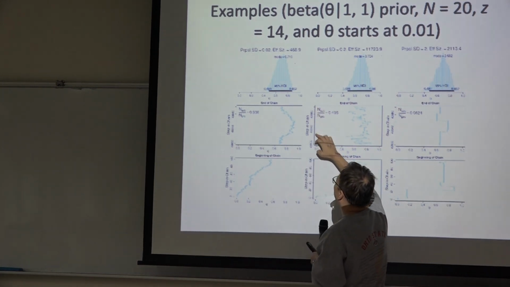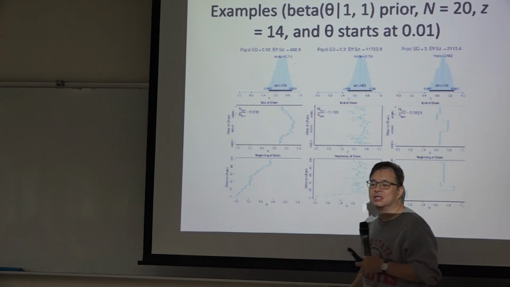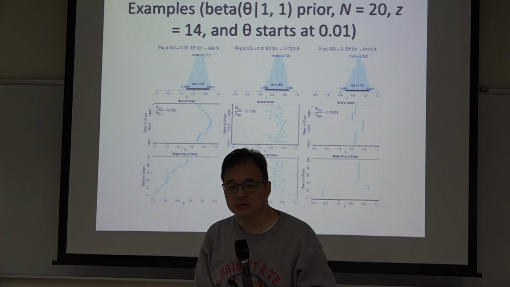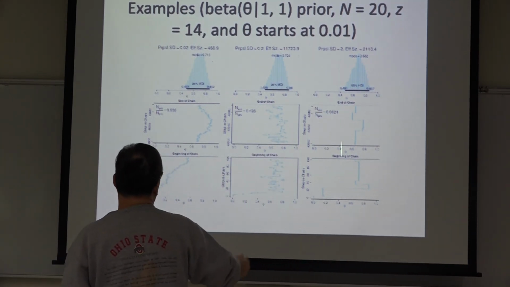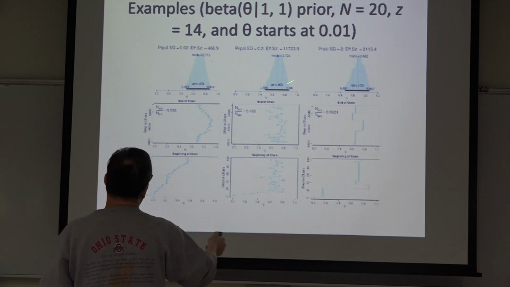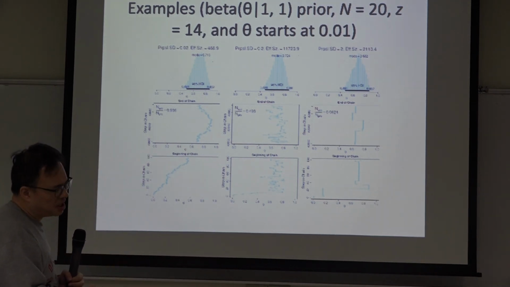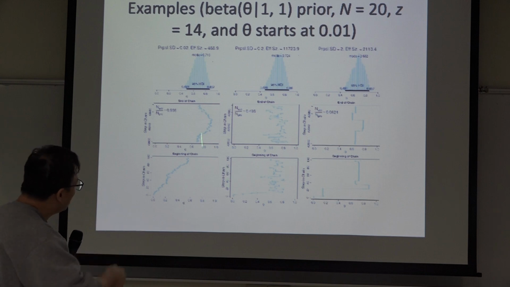So you can see that the last iteration actually is numbered 50,000. So all these cases are the result of 50,000, not 500,000, 50,000 iterations.